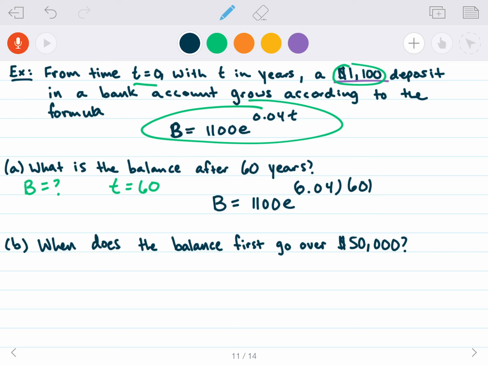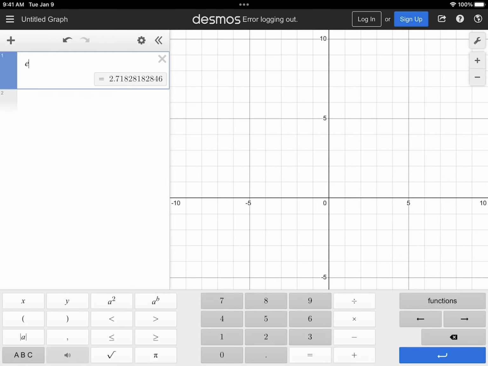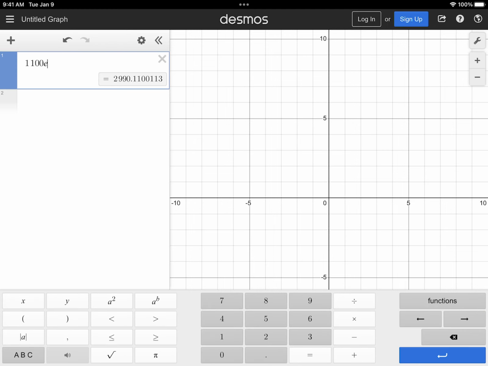And let's see. I'm going to just put this in Desmos to show you guys how we can do this. Let's see what we get here. So let's go ahead and put this in Desmos. And we're going to put 1100 and then keyboard E. And then I'm going to do the exponent, the little a to the b power. You can see that in the keyboard towards the left.